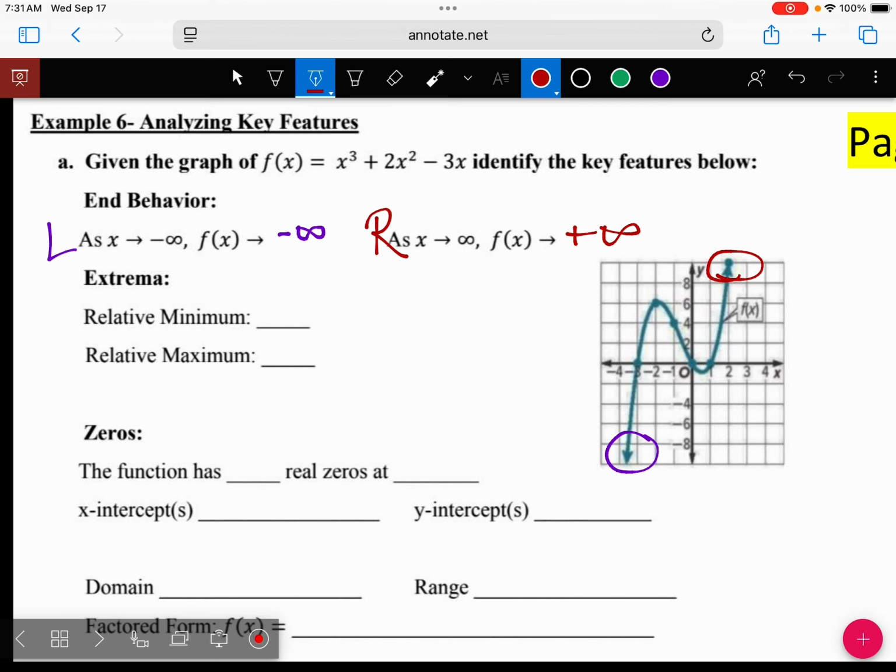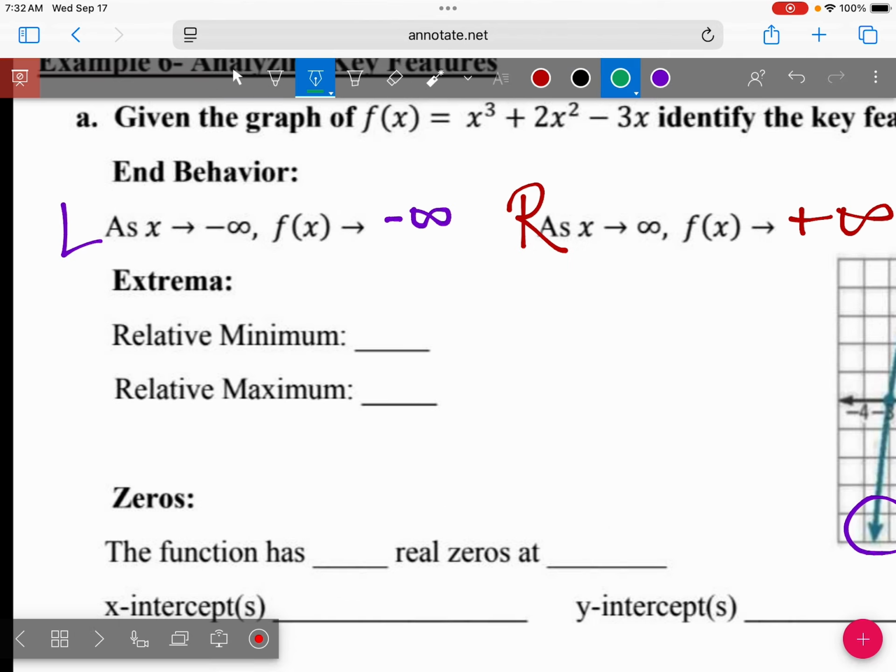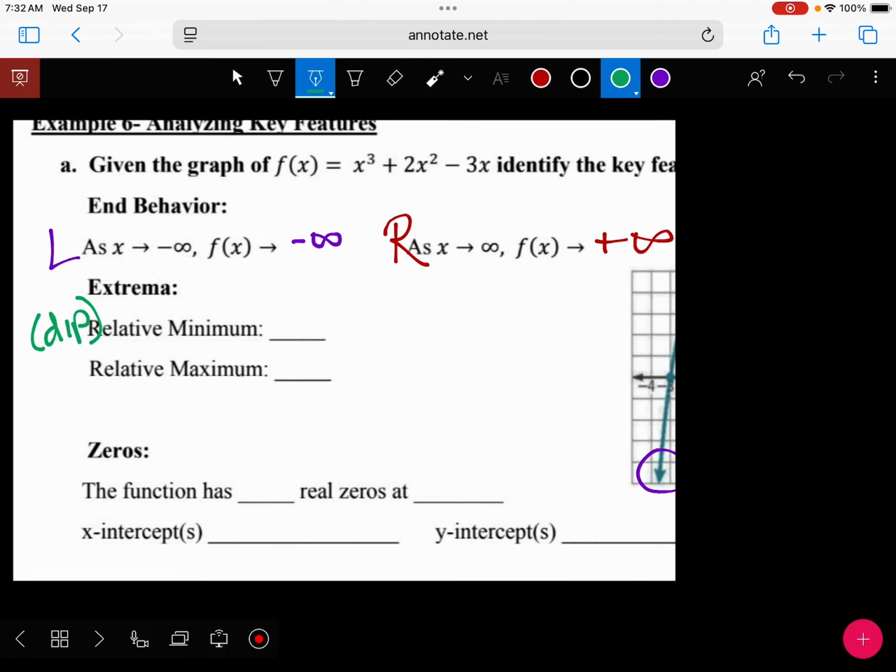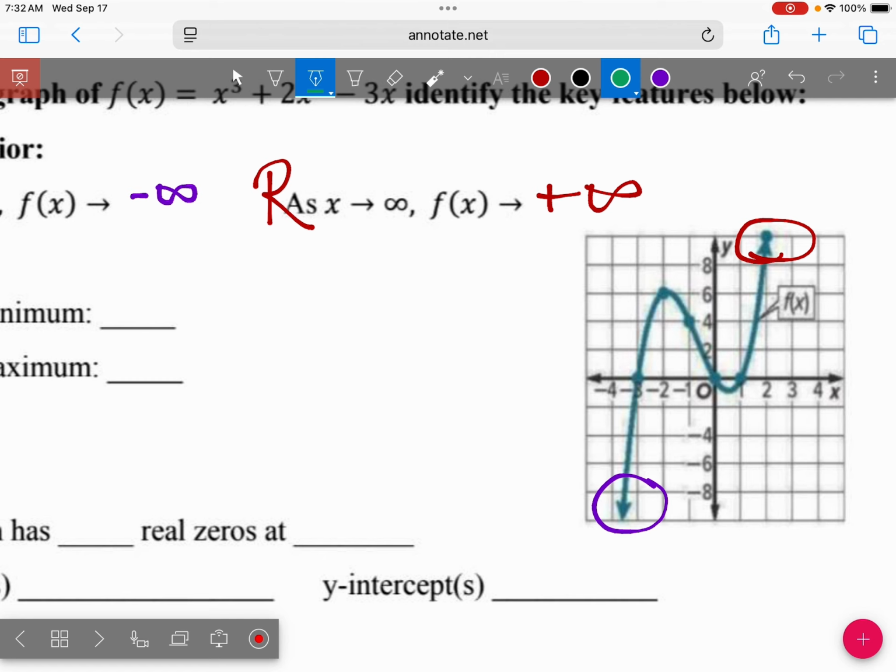Now it's odd. And remember we said for an odd degree, it doesn't have an absolute max or min because the arrows keep going up and keep going down. But a relative min, that's kind of like saying, where is there a dip? And I do see a dip about here.